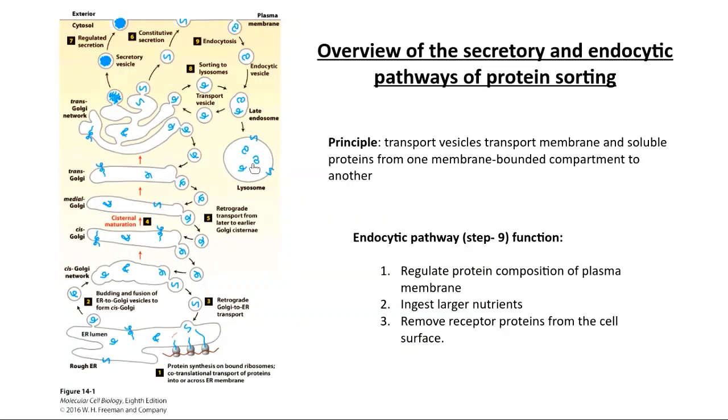So let's talk about the first step, what's happening. Stage one is the folding of proteins inside the ER lumen. We know that the synthesis of proteins is a co-translational translocation process for the ER.